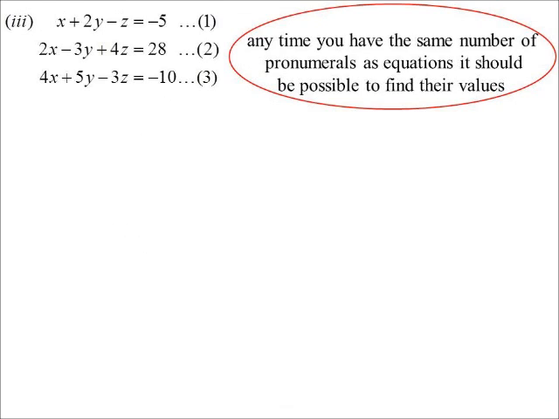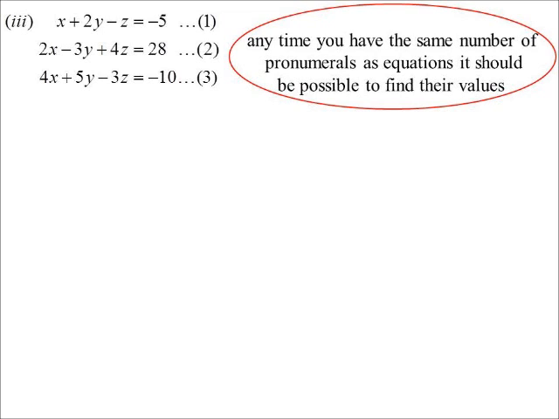Of course, there's no reason why we just have to have two pronumerals. Any time you've got the same number of equations as you do unknowns, you should, theoretically, be able to solve them to get the pronumerals. Unless one is just the same as the other, but it's a multiple of it.